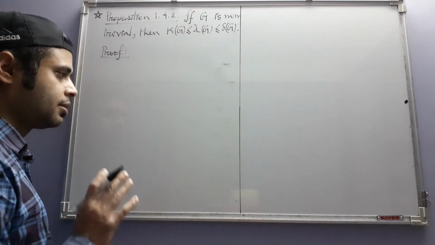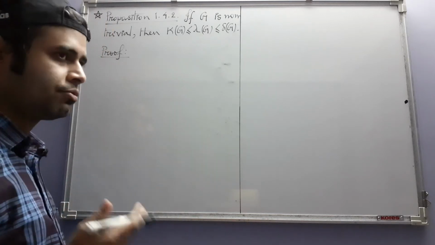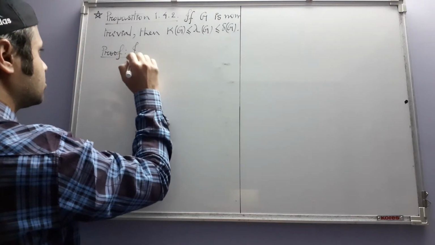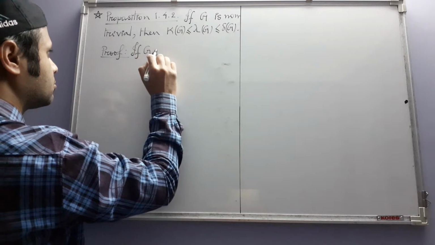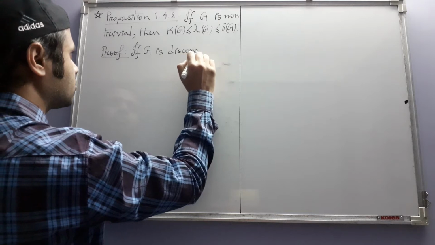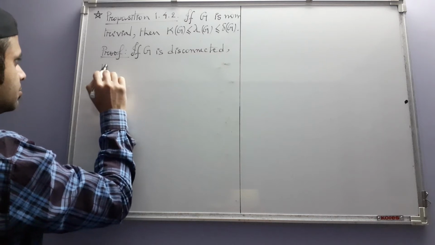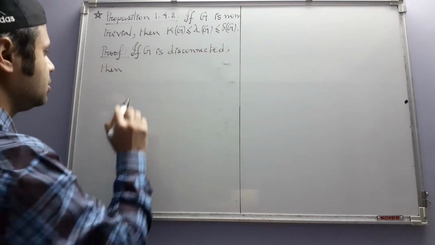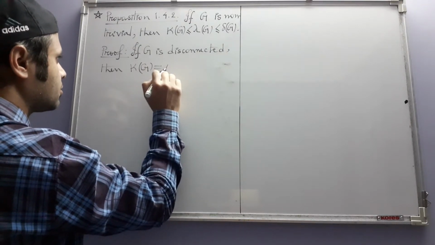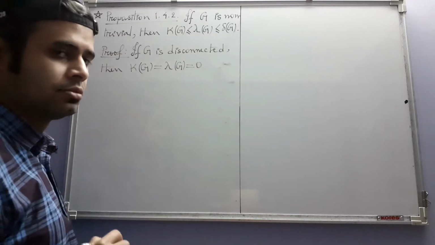Let us first handle the case where G is disconnected. G is given to be non-trivial, fine, but still G can be disconnected. If G is disconnected, then we already know that the connectivity of G and also its edge connectivity are both equal to 0.